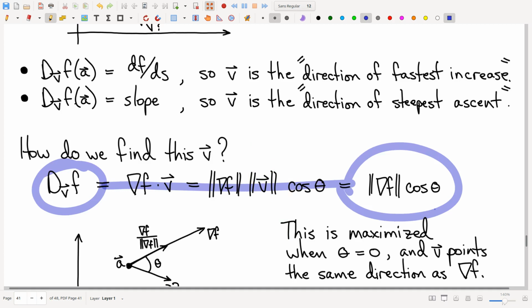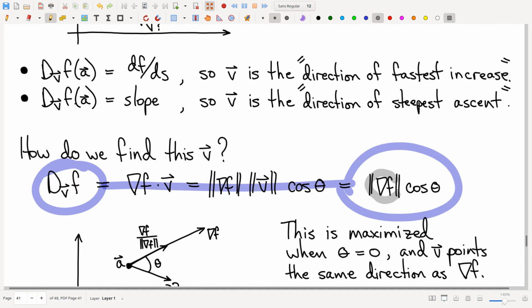Wait a second. The magnitude of the gradient, constant. The magnitude of the gradient is constant because we have not yet started moving, right? I'm still standing there in the woods. Here I am standing in the woods, and I'm thinking, I don't know, should I walk that way? Should I walk that way? Should I walk back that way? I haven't moved.